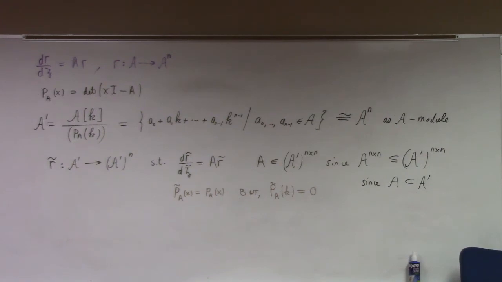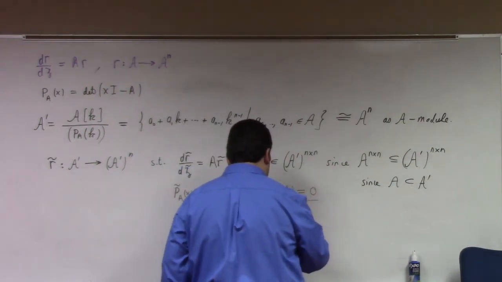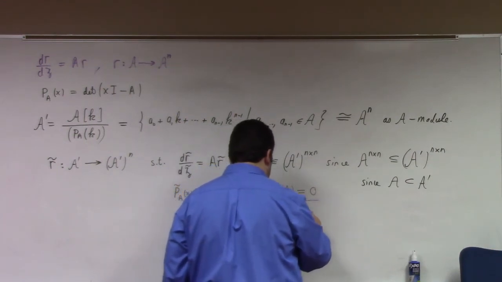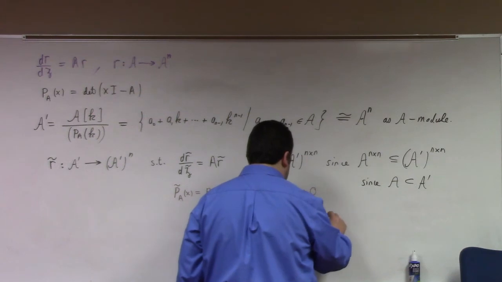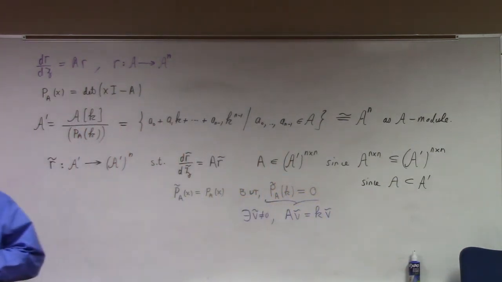Now this is what we've got to be careful about, guys. I think this means that there exists, let's say, v tilde not equal to 0, such that A v tilde is equal to k times v tilde. That's what I've got to think about more after today. Make sure I'm not tricking myself on that. All right, that's the step I'm worried about at the moment.